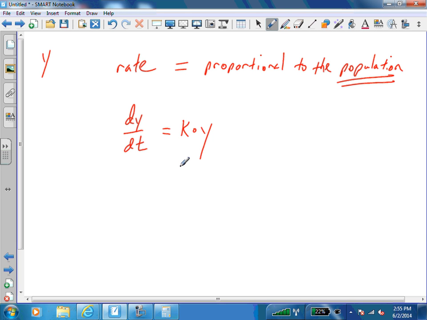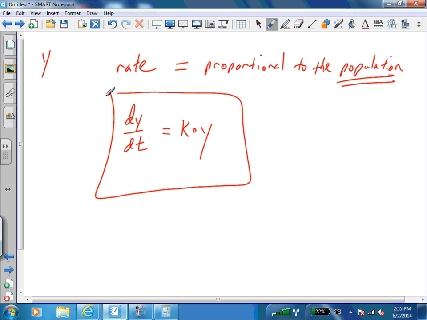So basically, under this restriction that the rate is proportional to the population, let's find the function that tells us what our population is at a particular time. This is just a basic example of a differential equation.